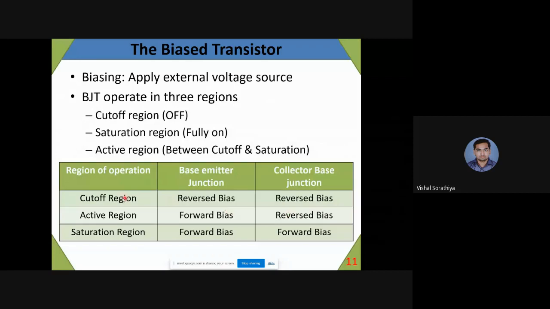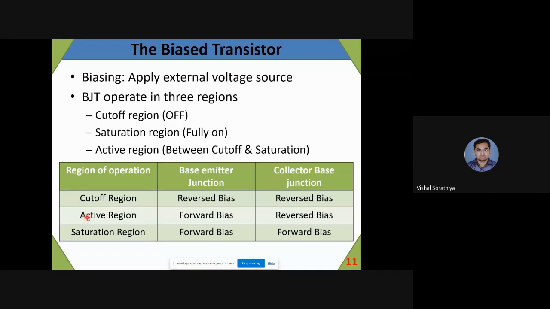By considering base as your common, if both the base-emitter terminal and the collector-base terminal are reverse biased, it is the cutoff region. If both are forward, it is the saturation region. While one is forward and the other is reverse, it is the active region.